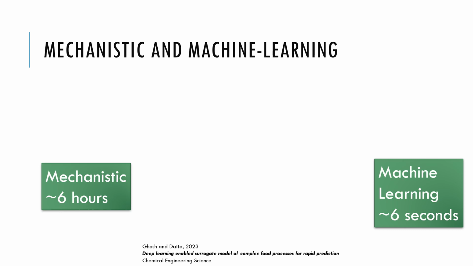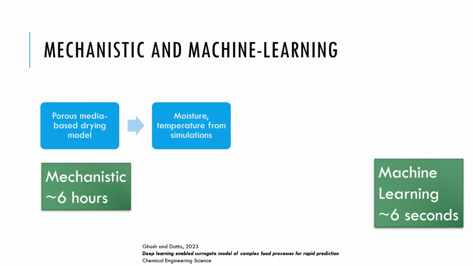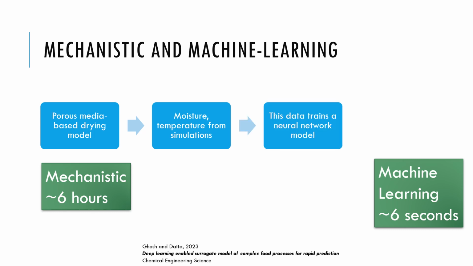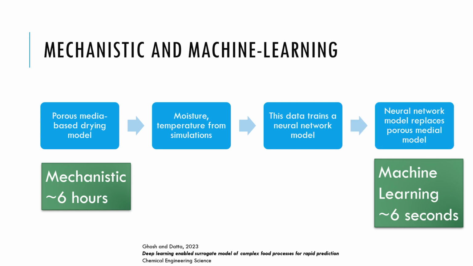Here's a quick note. We first build a mechanistic model, in this case a porous media model for drying, and from that we generate simulation results like moisture and temperature, and then we use these simulation results to build and train a neural network model. And then once trained, the neural network model replaces the mechanistic model for many intended uses.